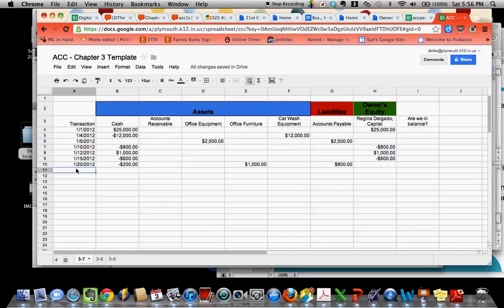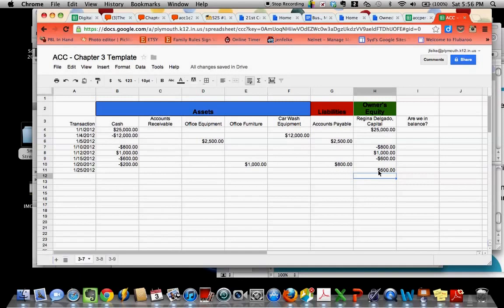Our last transaction is January 25th. And we provided services worth $600 on account. Okay, so we sold services. So that's going to make our capital go up, and that amount is $600. And we sold those on account. So it didn't say someone wrote us a check, or didn't say anyone gave us cash.